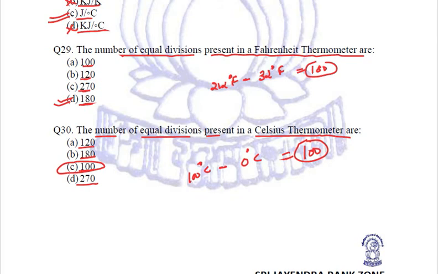Clear? So these formulas are quite important because we are given many questions based on them. We also need to remember that 1 calorie is equivalent to 4.18 joules. Clear? So if you have not learned these units and these formulas, please go through them, please learn them and make sure you remember them.